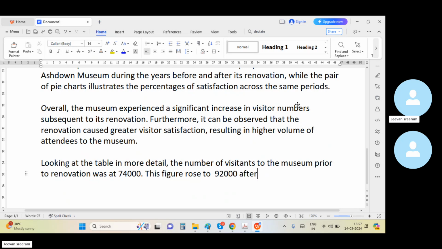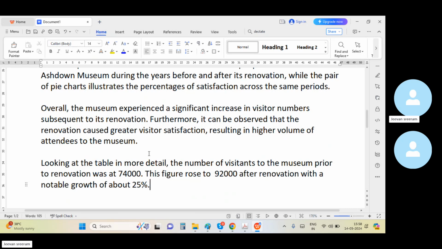Post renovation or after renovation, with a notable growth of about 25%. So I not only mentioned the final value, that is 92,000 after renovation, I just want to highlight how much the percentage has actually increased.